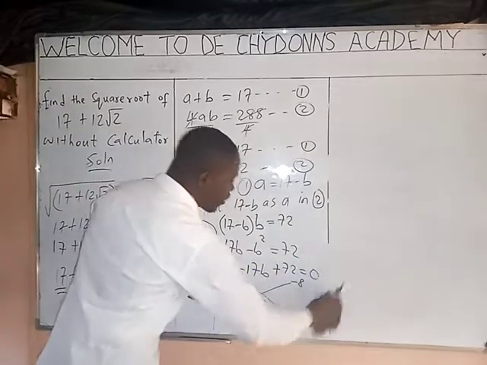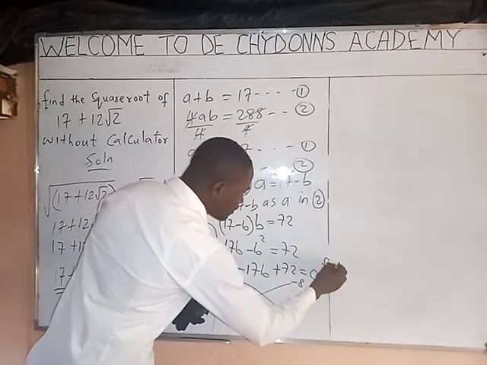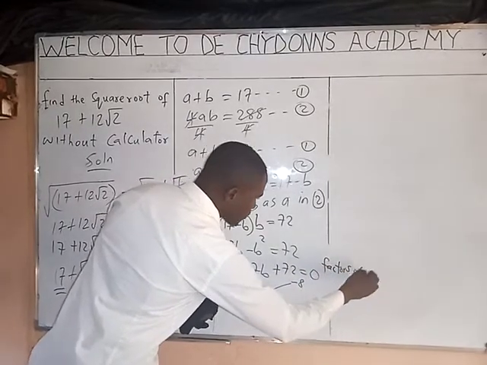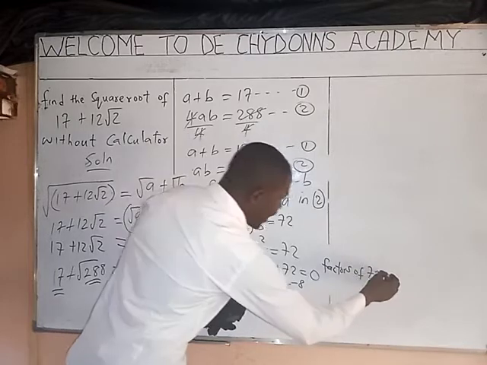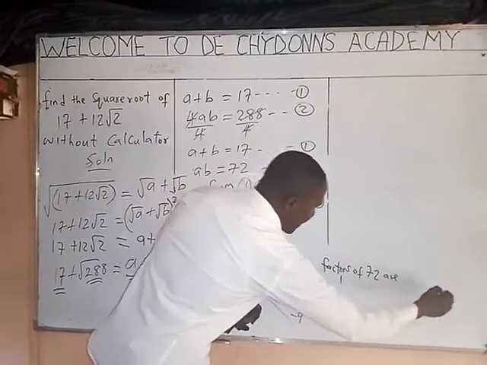Remember, we got it from factors of 72. You just say factors of 72. Factors of 72 are, you start from 1, stop at 72.